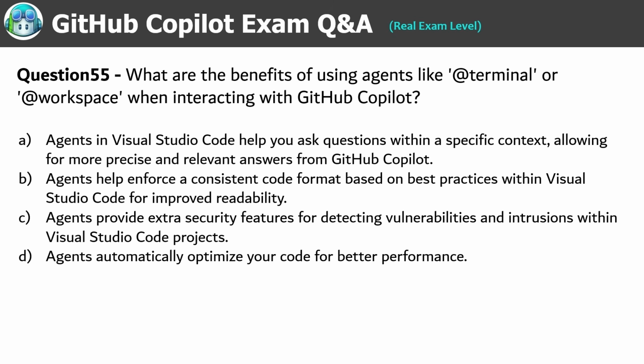Question 55: what are the benefits of using agents like Terminal or Workspace when interacting with GitHub Copilot? The answer is A. Agents in Visual Studio Code help you ask questions within a specific context, allowing for more precise and relevant answers from GitHub Copilot.